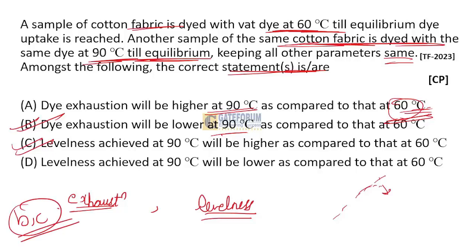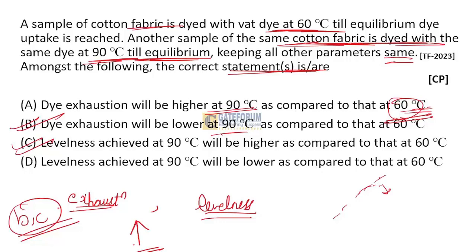Increasing the temperature will result in a decrease in dye exhaustion, and increasing the temperature will result in increasing the levelness of the fabric. So after the equilibrium, if the dye temperature is increased, then the exhaustion is lowered and the levelness is increased. You will have to remember this.